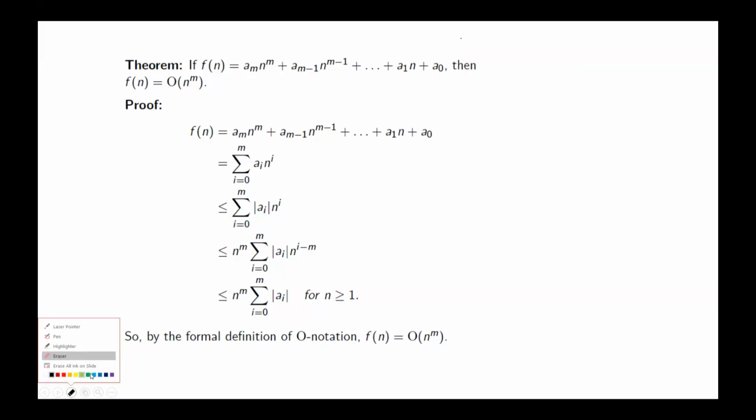If we say am is not equal to 0, then we say that degree is m. Otherwise, if am equals 0, then we don't know, it is degree at most m. Is that correct?